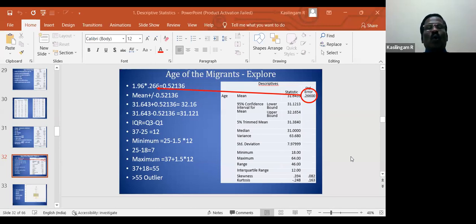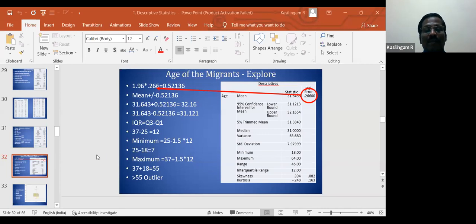The formula is Q1 minus 1.5 times IQR, that is the lower limit. Here 1.5 times 12 is 18. So 25 minus 18 is 7. It can go down to 7, but our minimum is 18. That is why there is no outlier at the bottom.